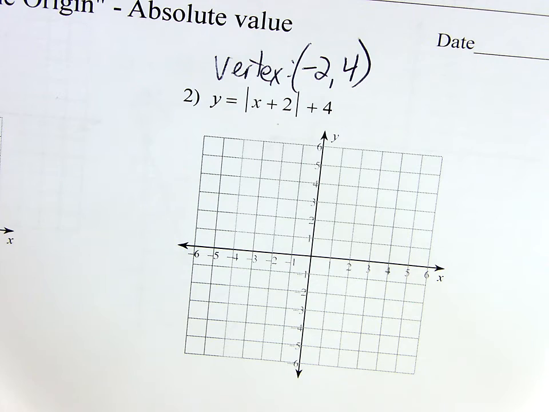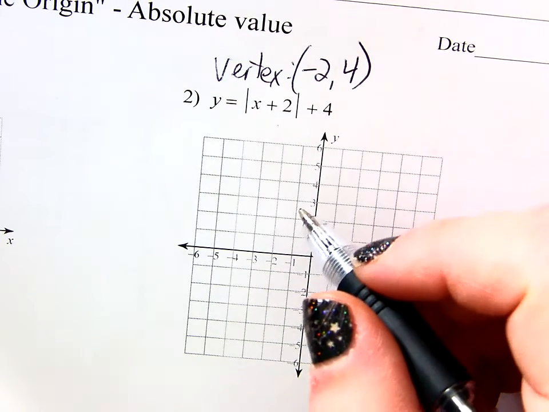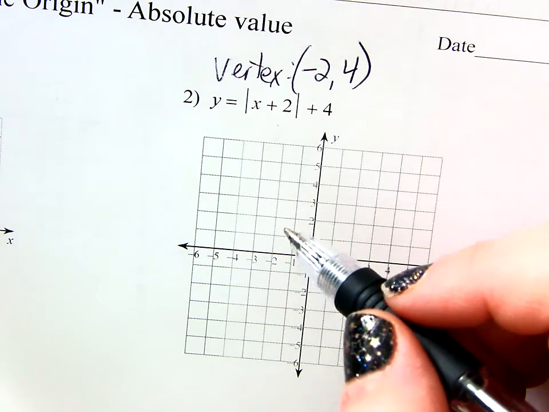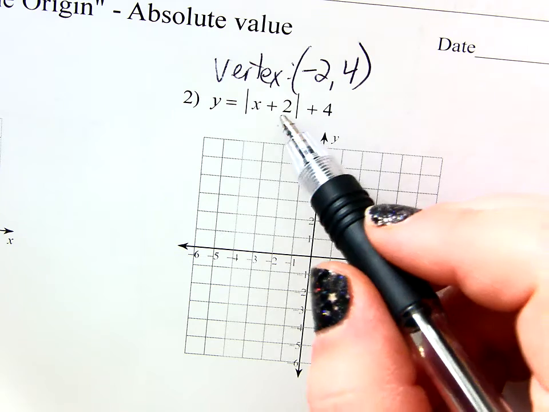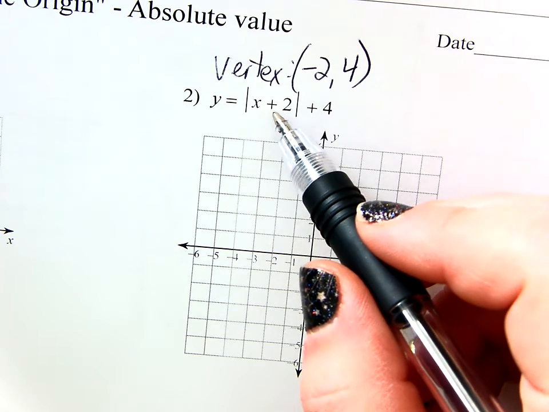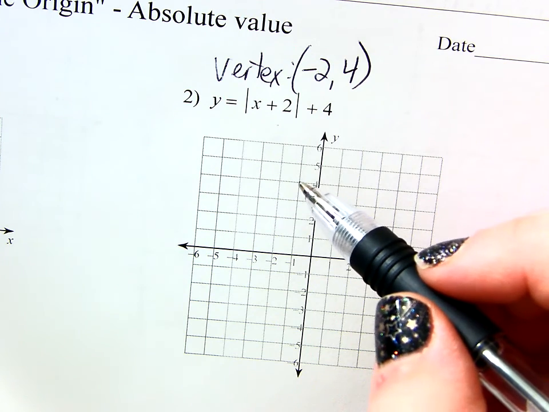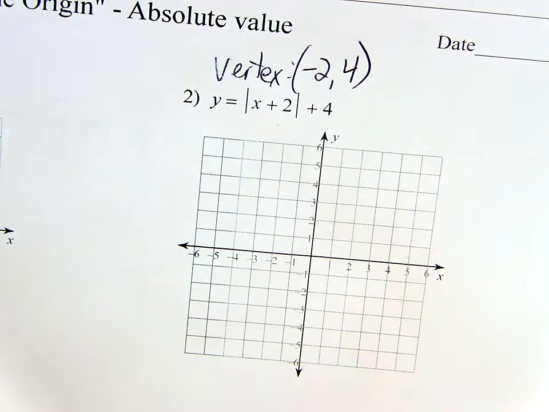Ryan's got it. So, for the absolute value, watch, the first number would always be negative. What do you mean? I'm confused. The first number in the vertex would always be negative, unless that was a minus sign. But wouldn't that change into positive?